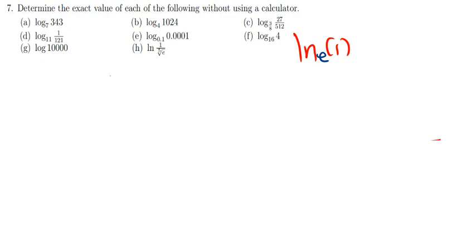So what is the answer? 0. Okay? Then what of ln 0? Since I've told you that this is the same as log, what is ln 0? It still remains undefined. So this is going to be undefined as well.